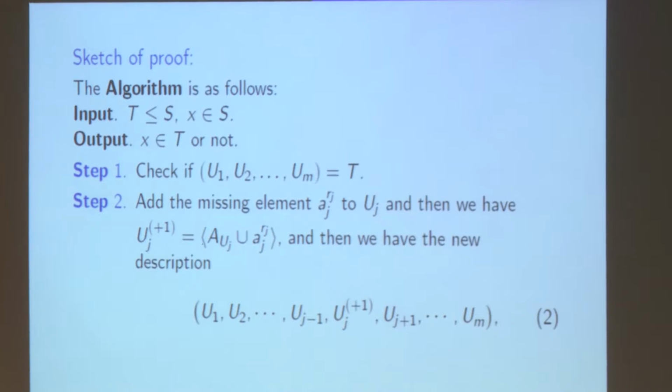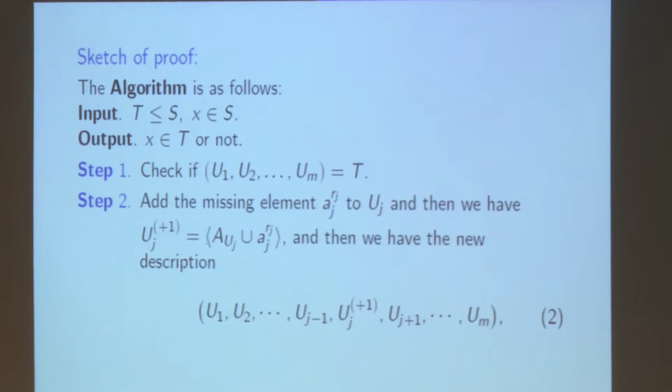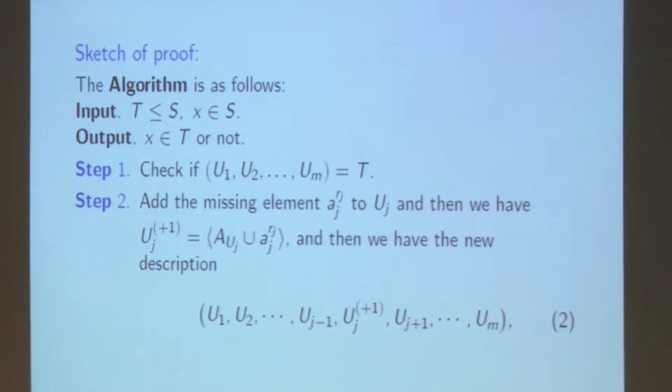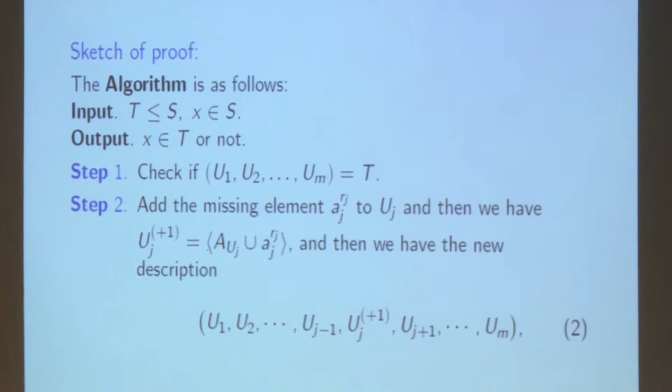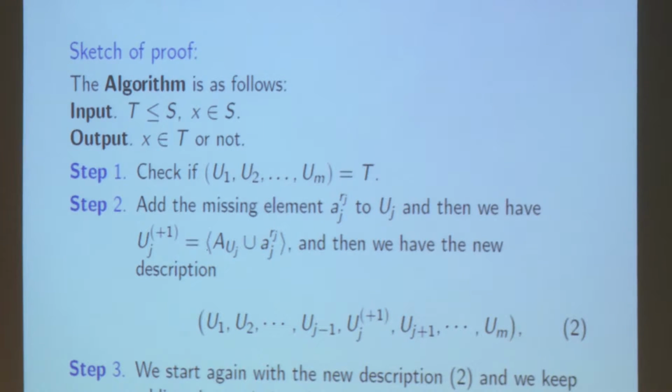And when you add this element, that means you will add it to the finite set or to the infinite set. If you add it to the finite set, that means you can do this just finitely many times because the gaps are finite. Or you will add it to the infinite set, which has a rule and a difference. And the difference, you can lessen just finitely many times. Then we do this again.